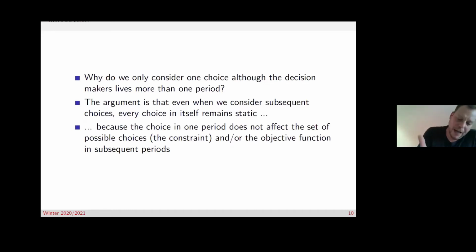So you could just add those choices and have choices over subsequent periods. So I choose today how much pizza and beer, tomorrow how much pizza and beer, and so on. But still, the general choice remains static, right?